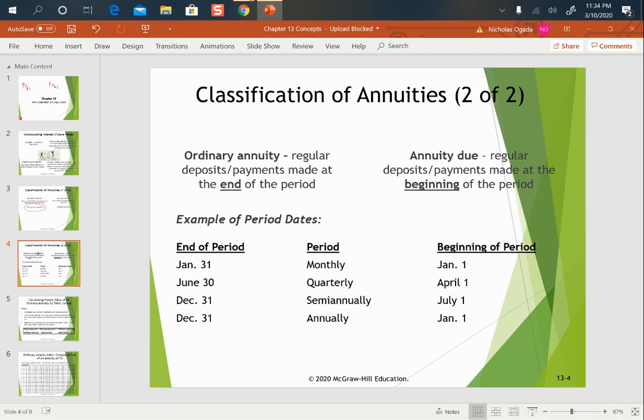In an ordinary annuity, the payments come in at the end of the period. With annuity due, the payments happen at the beginning of the period. That's the only difference between the two. So it's just the timing of those payments. Is it happening at the end of the period or at the beginning of the period?